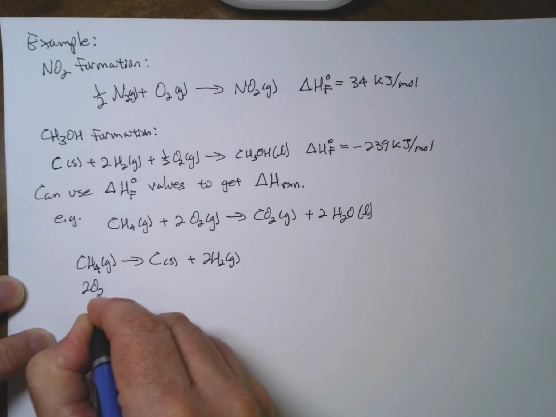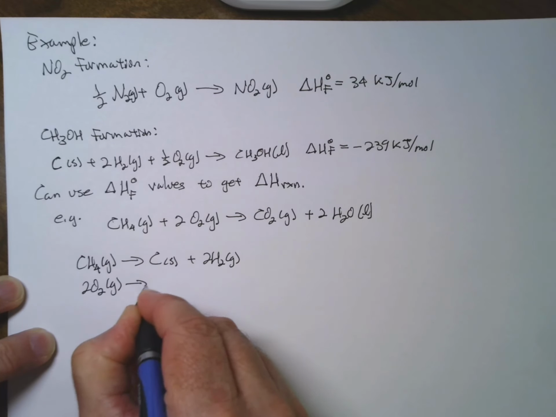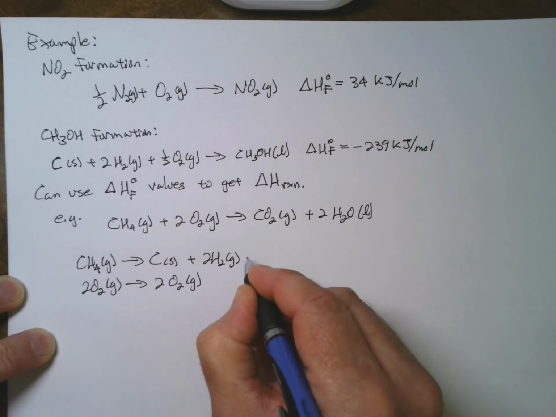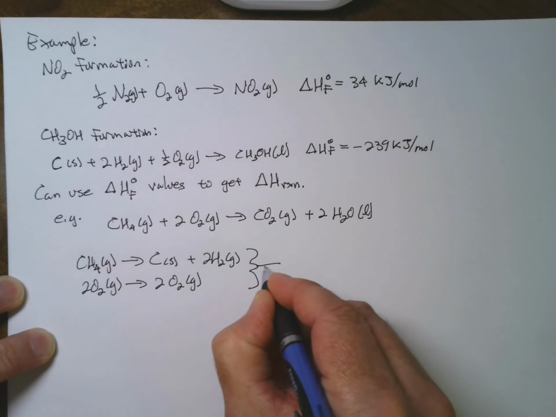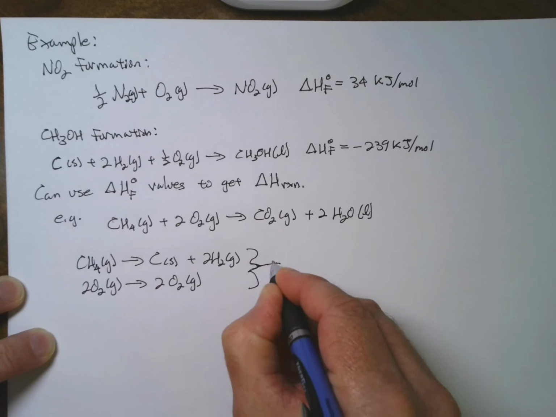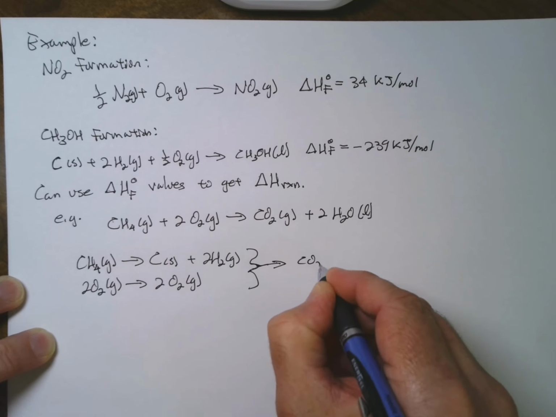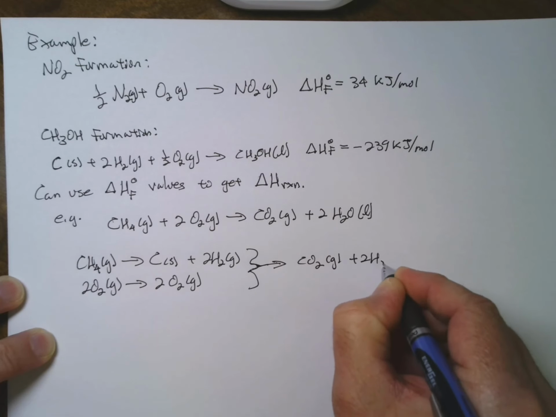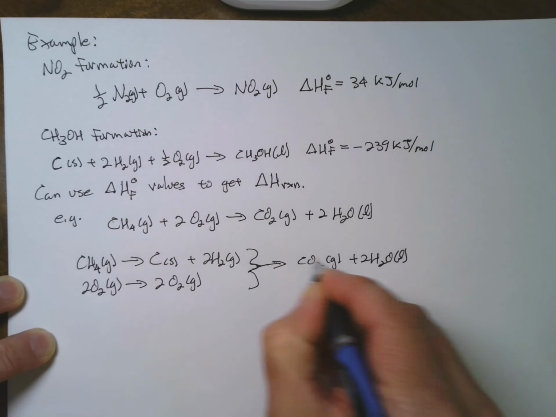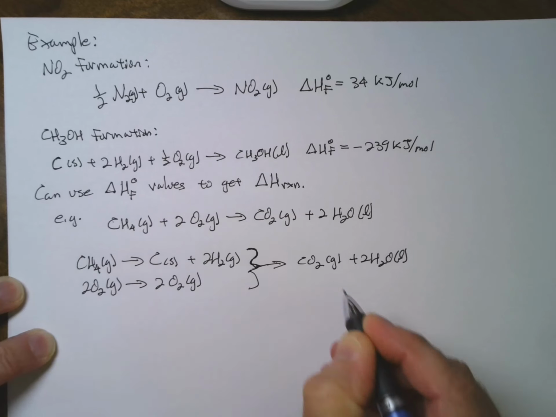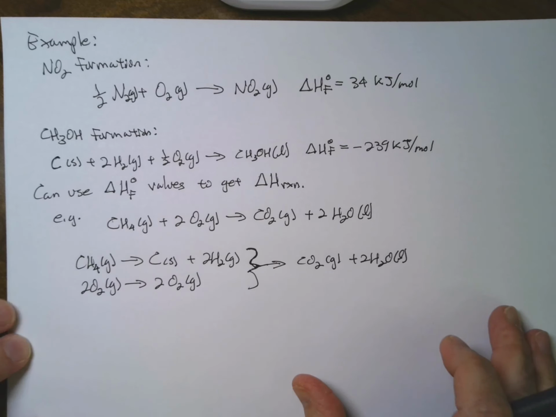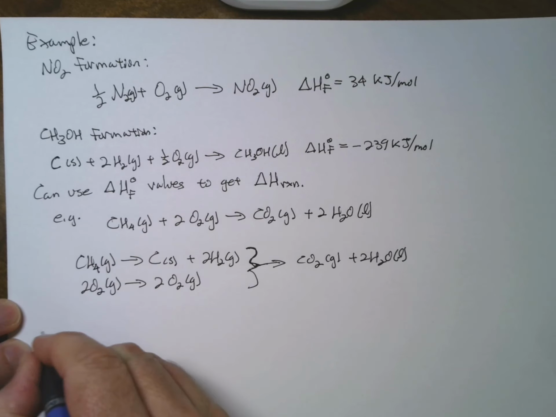And then 2O2 gas is just 2O2 gas. And these would combine to give CO2 gas plus 2H2O liquid. In a diagram, we could go ahead and look at this.